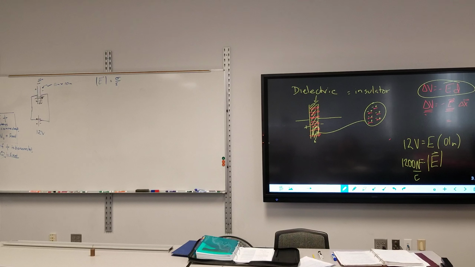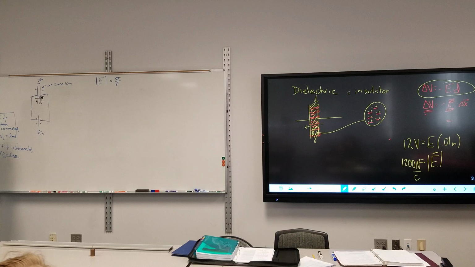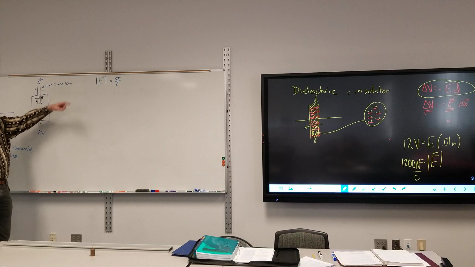Because when we derived this using Gauss's law, we assumed an infinitely large plate with uniform charge distribution. What I'm looking for is the fact that this distance between them is under 10% of the dimensions, and we are considerably under 10%. That makes this more accurate.